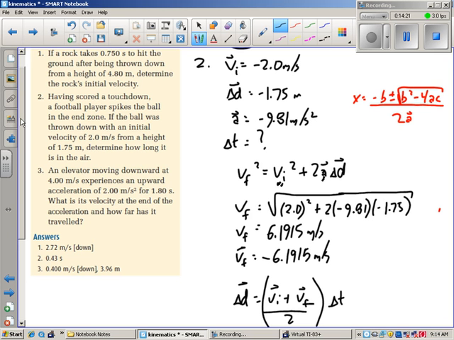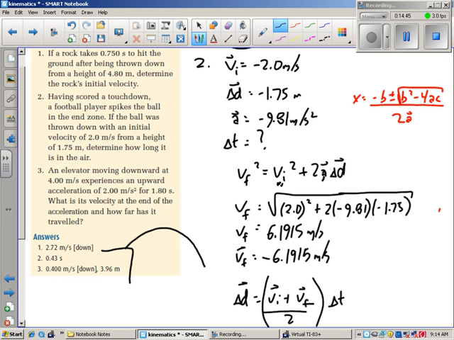Oftentimes what happens when you use a quadratic equation, Michael, is you end up with a parabola. We're going to see a little bit later on in the unit, we do something called projectile motion. The ball goes like this. That's a parabola, right? So it's perfect using quadratic equation then, although we're still not going to have to use it. If we launched it like this off the edge of a building, then you wouldn't have a choice.